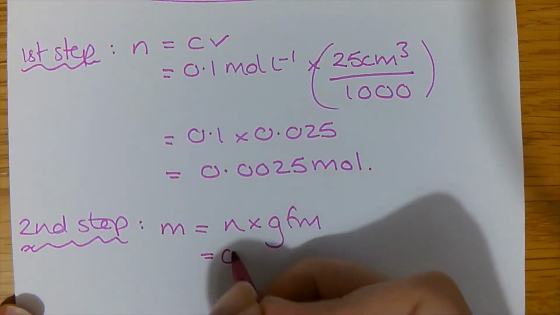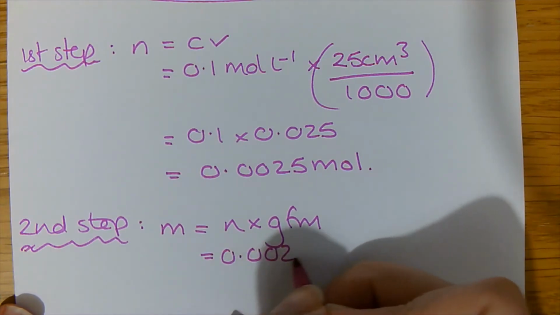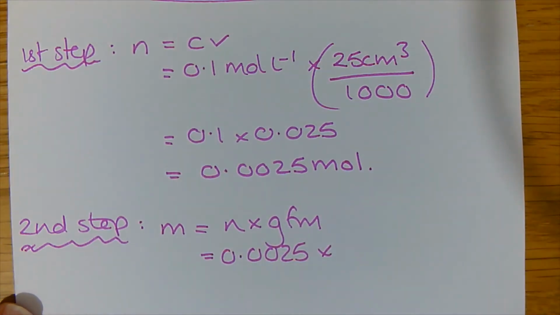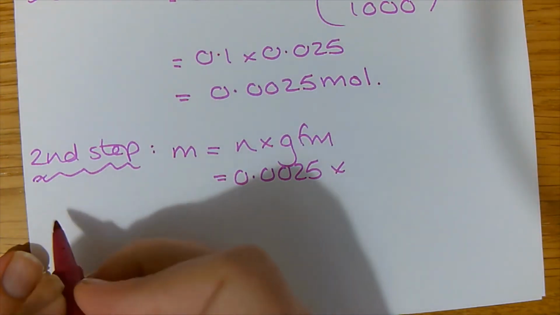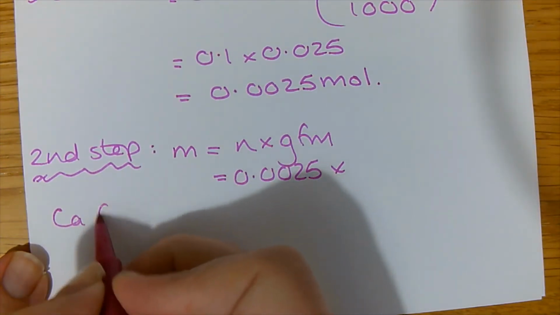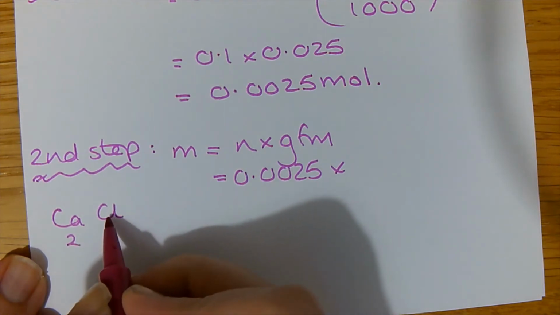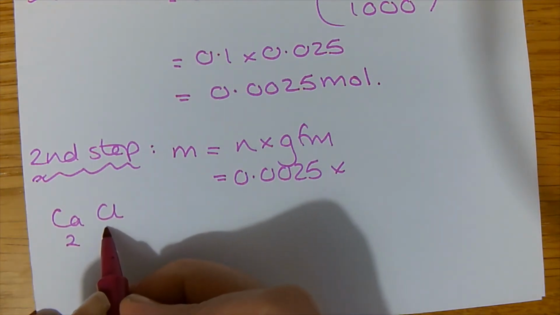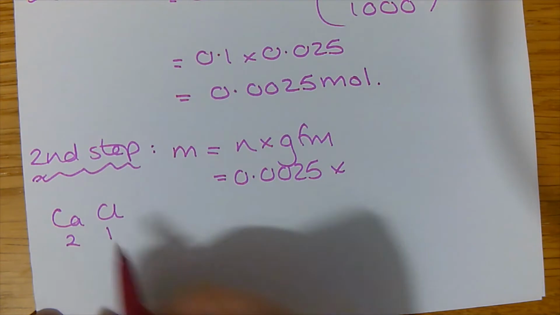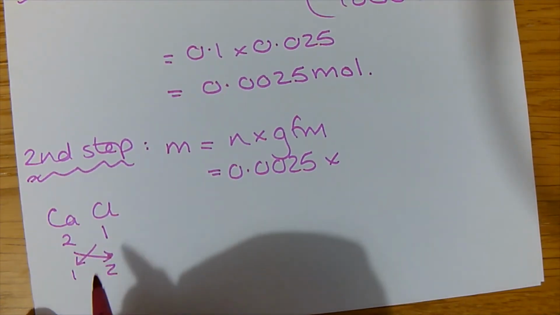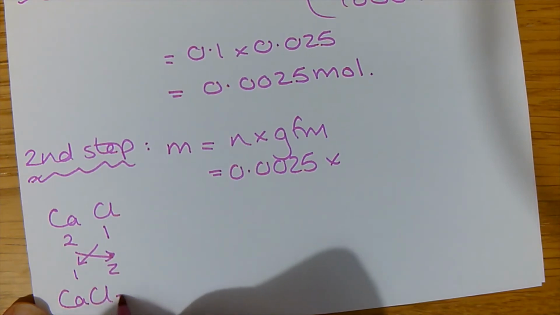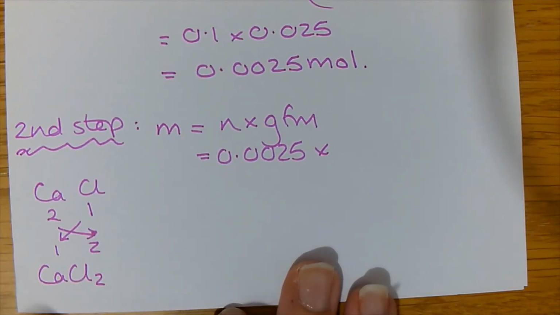Our number of moles we got from our first triangle is 0.0025. And our gram formula mass we have to work out. Now we've got calcium chloride. Calcium's in group 2, chlorine's in group 7, so it's got a valency of 1. Swap them. Look down and when we write our formulas, calcium chloride has the formula CaCl2.